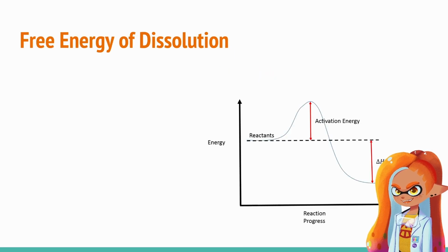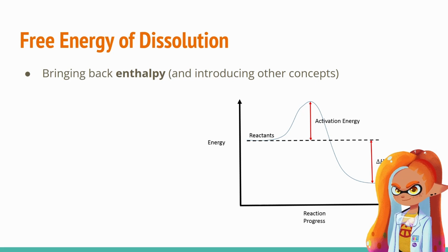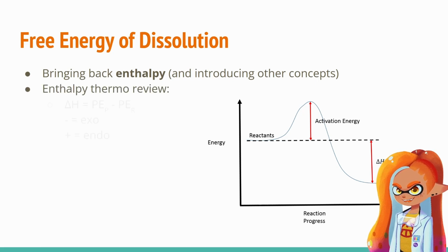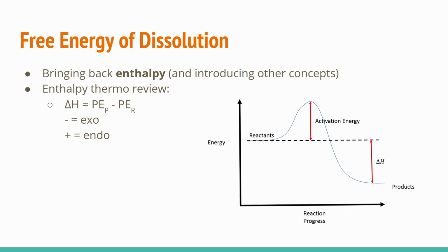When we're talking about delta G, we need to focus on the different thermodynamic quantities, and so we're just recapping this once again. Enthalpy is delta H, and delta H is related to potential energy. We have the potential energy of the products and the reactants, and we can look at that via data, or we can look at it on the graph right here.